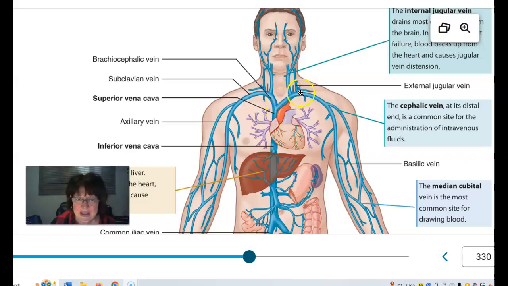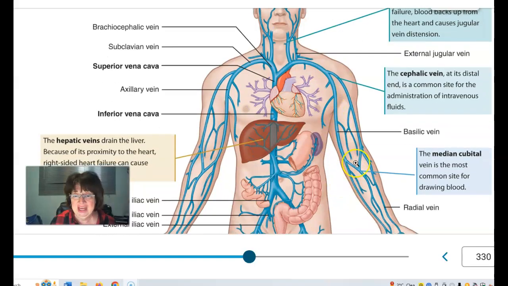Then the subclavian will divide into the cephalic, which is the top part. I kind of think of cephalic as in head, and it divides off at the head of the humerus. And then the basilic, which goes at the bottom part of the arm, and they will collect blood at the cubital, the median cubital.